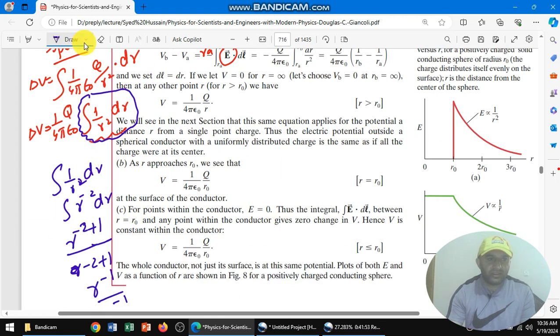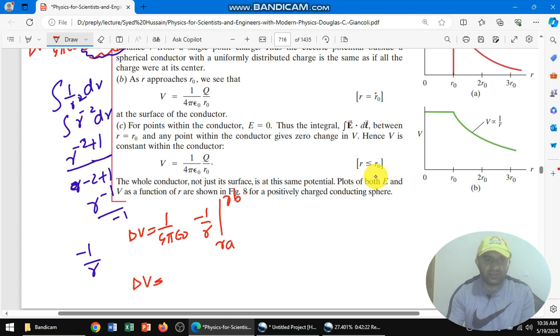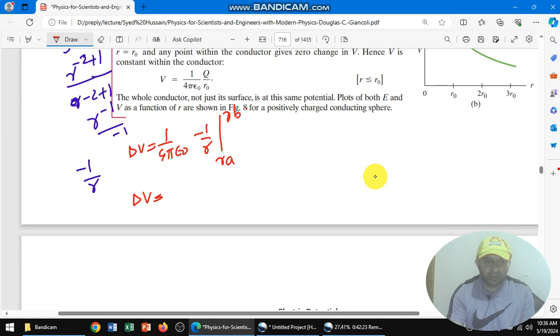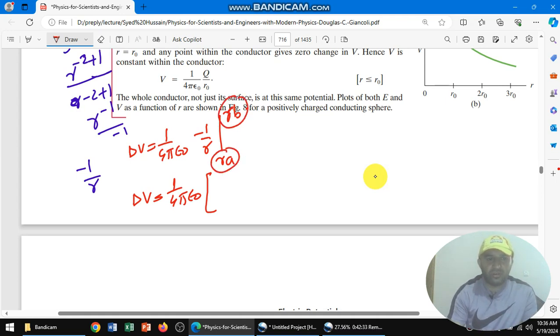So we are left with the potential: del V is equal to 1 over 4 pi epsilon naught times the integral, which is minus 1 over r, with lower limit RA and upper limit RB. Now, as we know, we first put the high value and then the low value.